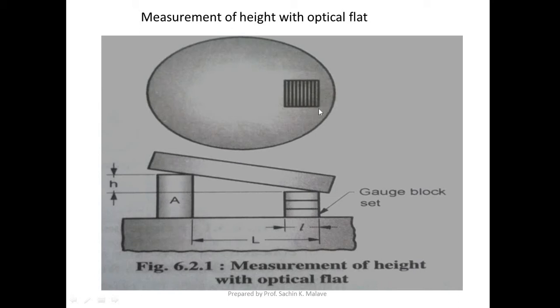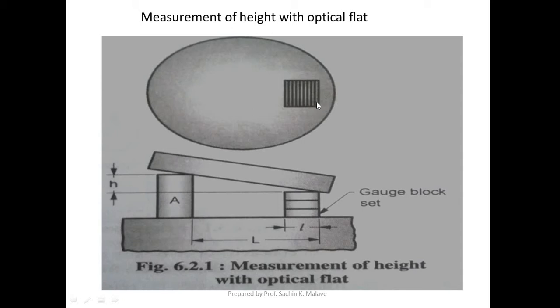So by finding the value of n, we can find this difference h, because in the last session we saw that whenever there is a height difference of lambda by 2, two dark fringes will be formed. So this is one dark fringe, another dark fringe.